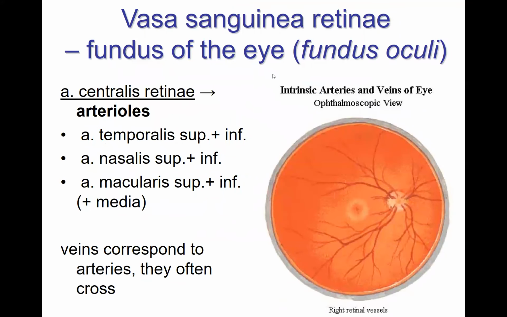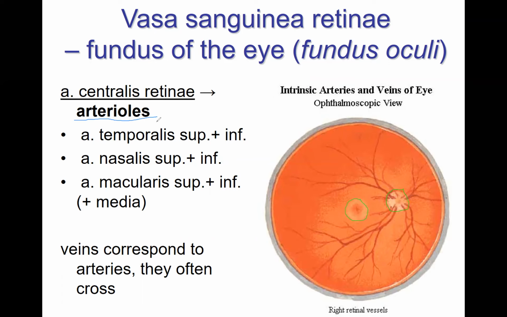And a figure which you should know how to draw. This is the ophthalmoscopic or fundoscopic view. Now you look into the right eye, and you can see the optic disc and macula lutea, and you can see the branching. The branches are arterioles.